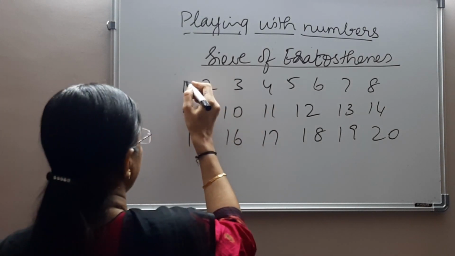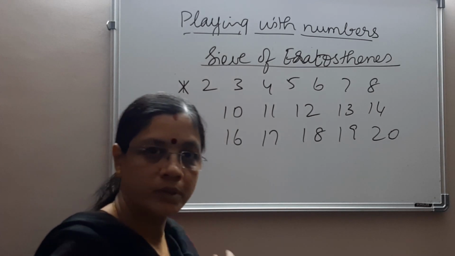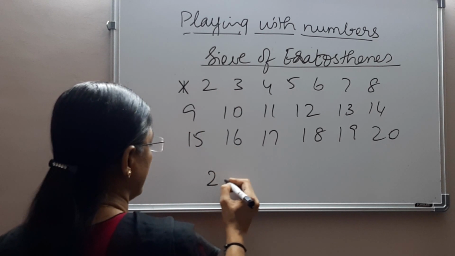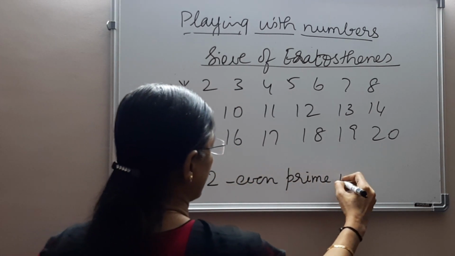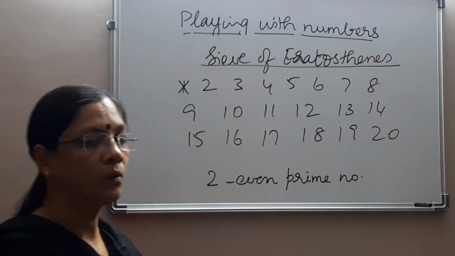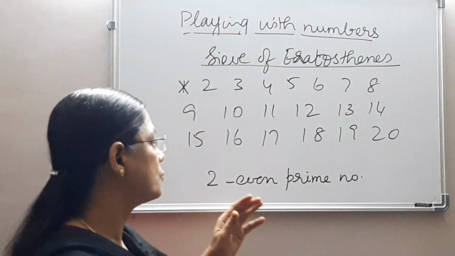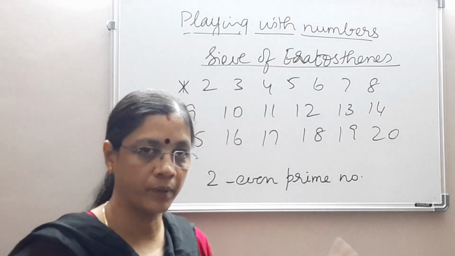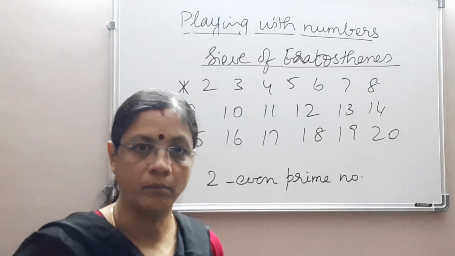See, among the numbers, first 1 is left out. It is neither prime nor composite. Now 2 is the only even prime number. We have seen what odd numbers and even numbers are, isn't it? The rest of the prime numbers are all odd numbers.